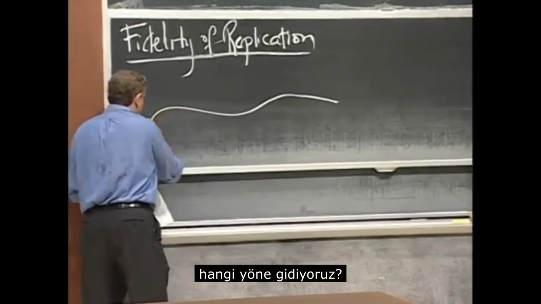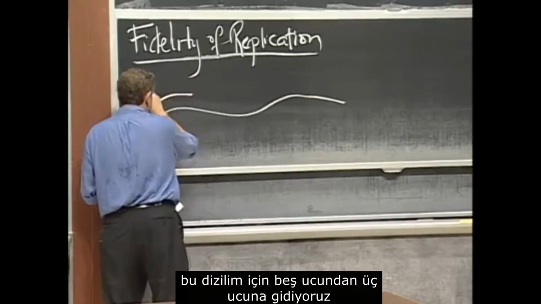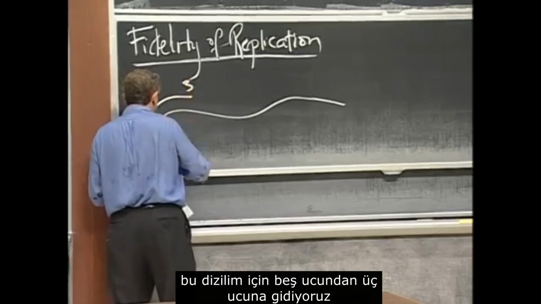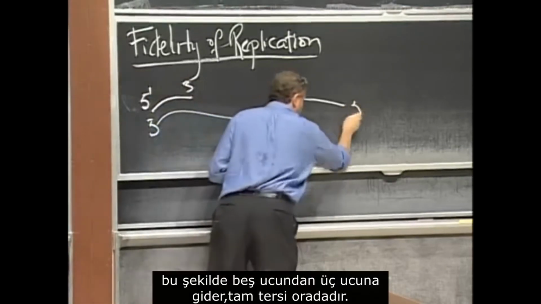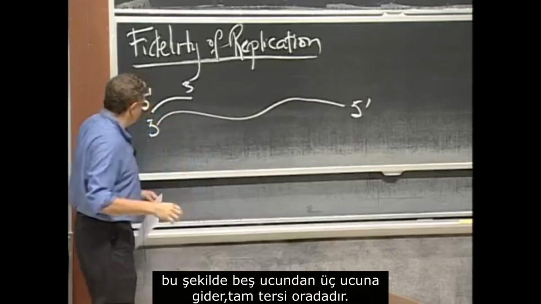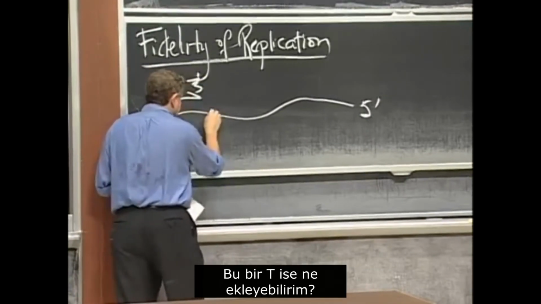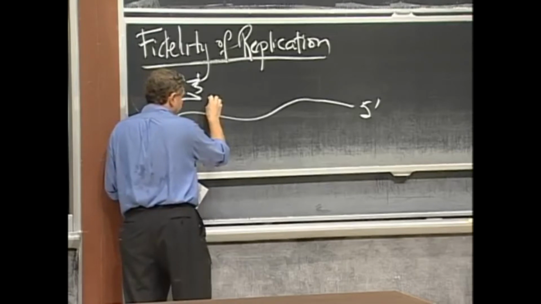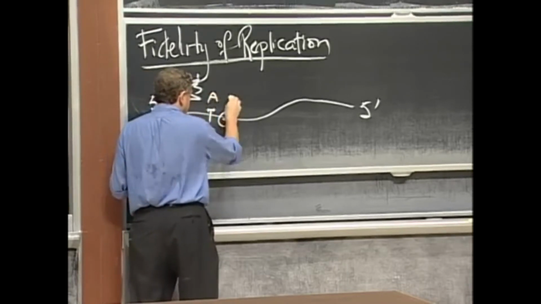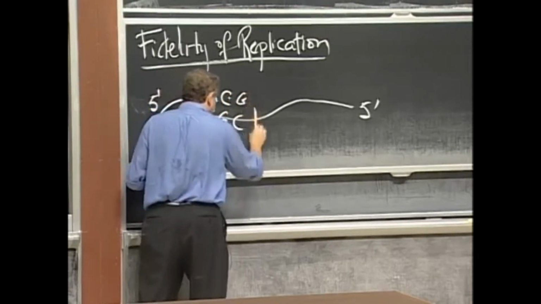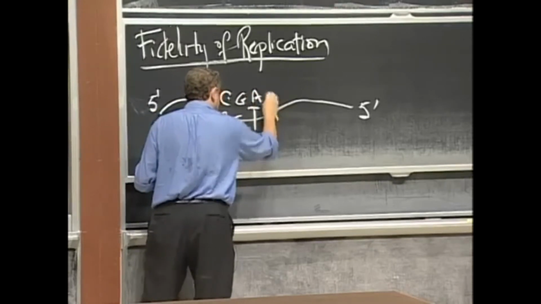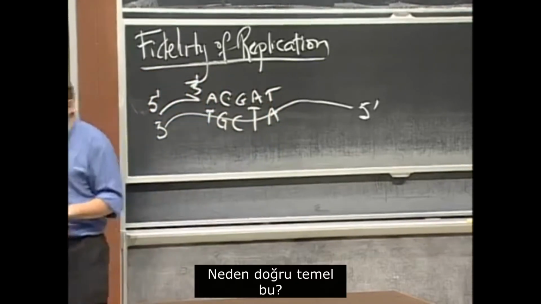Which direction do we go? We go, for this template, 5 prime to 3 prime. This way goes 5 prime to 3 prime, the opposite direction there. I now add on, if this is a T, what do I add in? If it's a G, C, G, T, A, T, etc. Why does the right base go in?